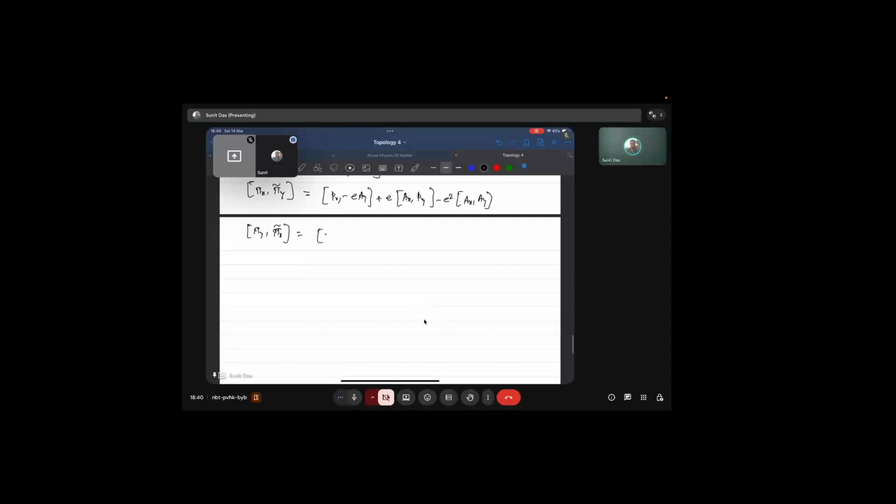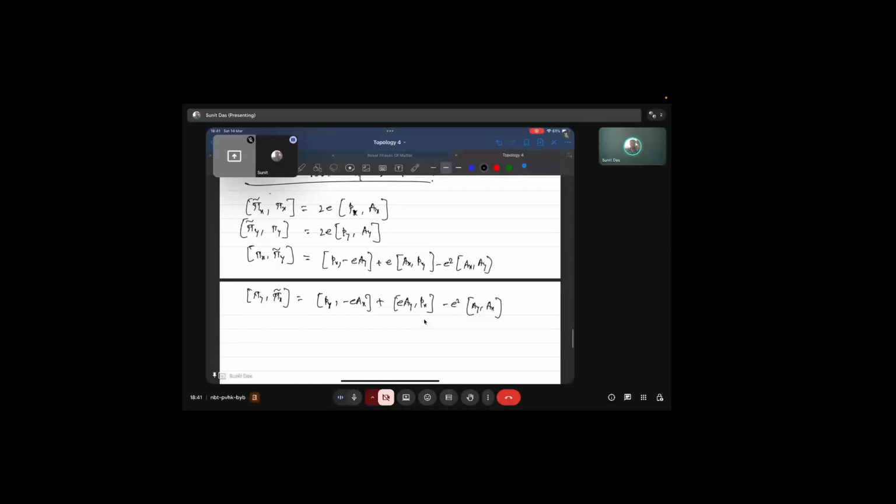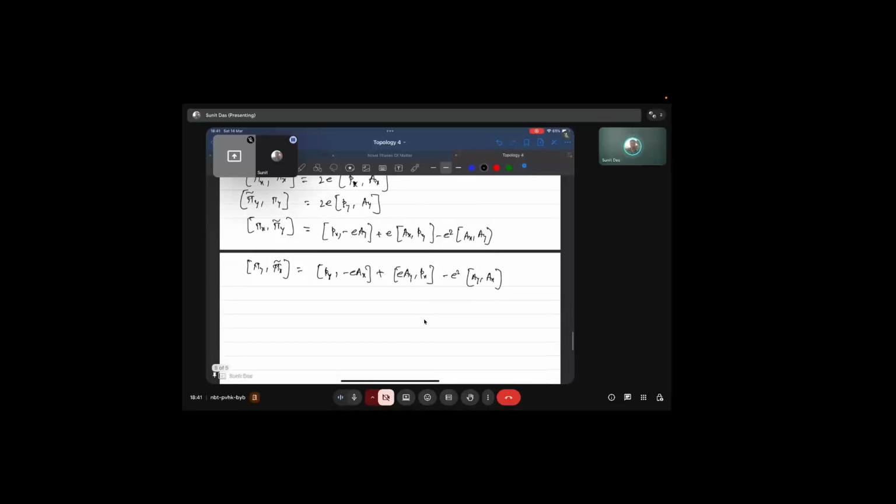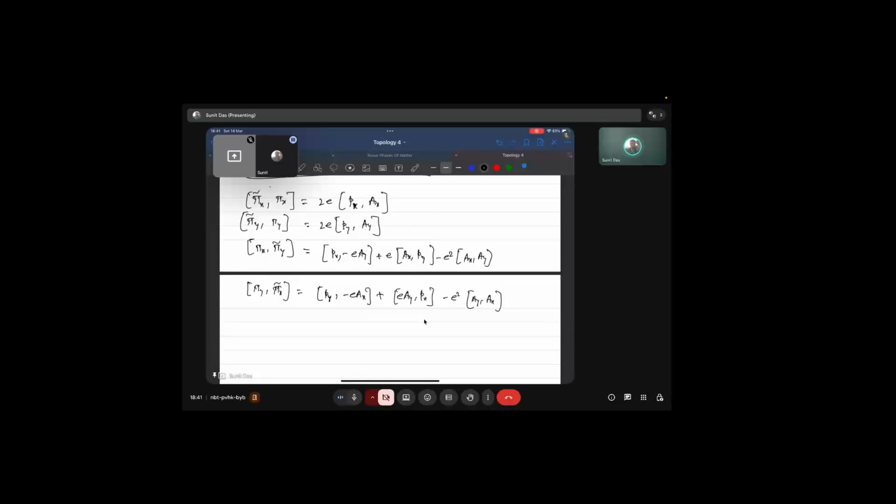So these are the four commutation relations we have. These are complicated relations and they depend on the form of A_x and A_y.